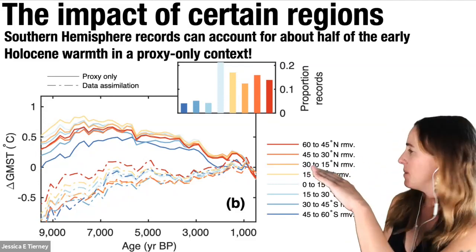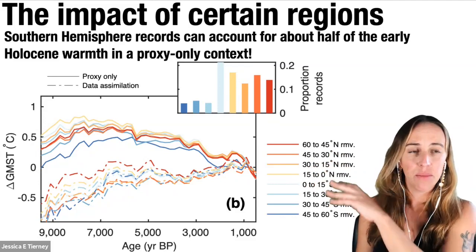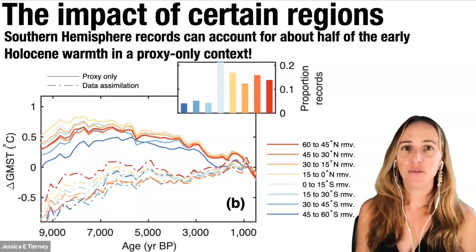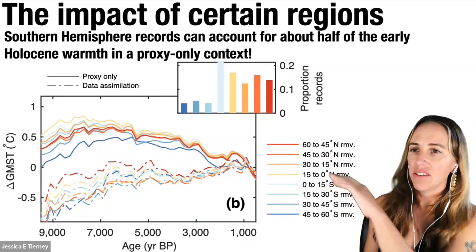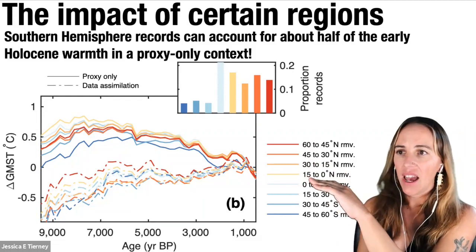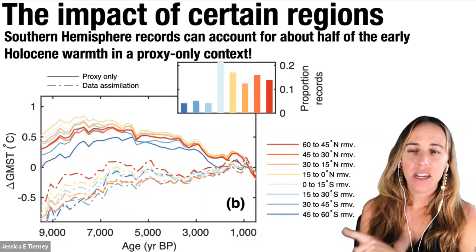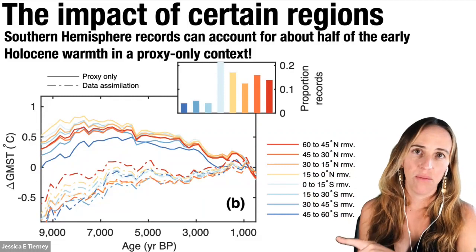In the proxy-only space, which is the solid lines here, it didn't really matter for most of the regions whether we left out proxies from them, except for the southernmost region of 45 to 60 degrees south. You can see that that blue line there has much lower temperatures in the early Holocene. It turns out the data in this latitude band can account for about half of the Holocene conundrum alone.